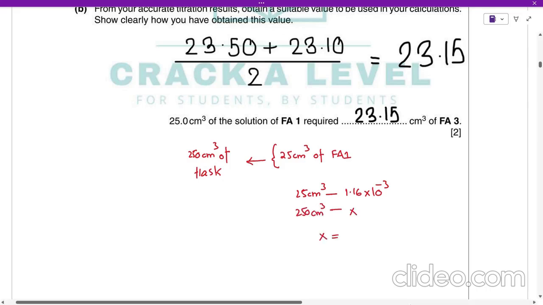So it will be 1.16 into 10 power minus 3 into 250, and then divide by 25. So it will come as 1.16 into 10 power minus 2.